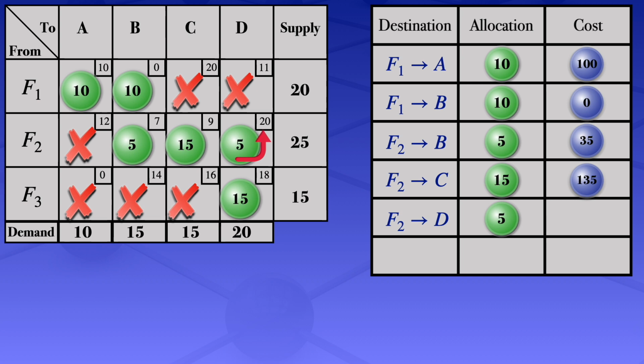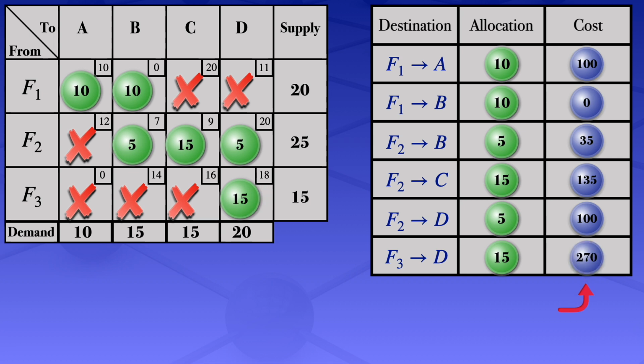So the cost will be 5 times 20, which gives us a 100. And then here, we are saying from F3 to D, we are allocating 15 units, 15 units at a unit cost of 18. So the cost will be 15 times 18, which will give us a 270.